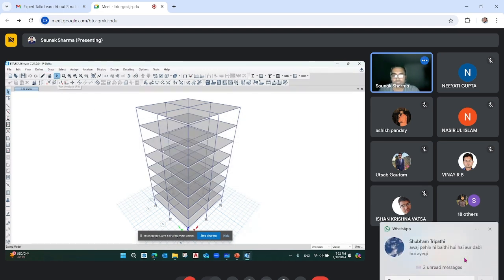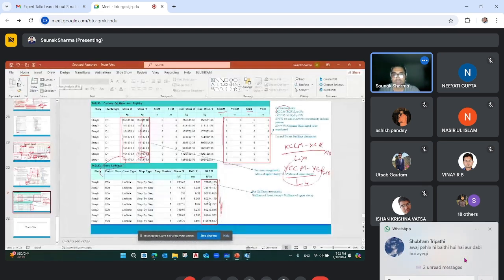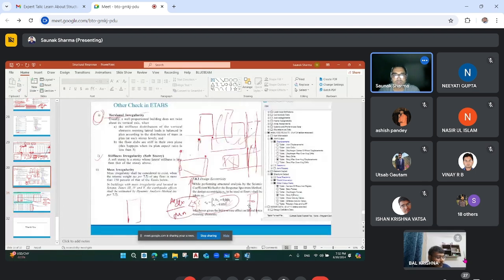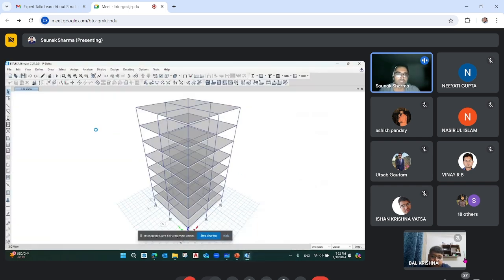Before, I was saying, how do we check torsional irregularity? Let me run this model.